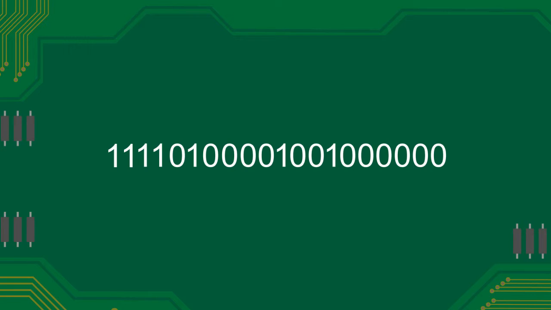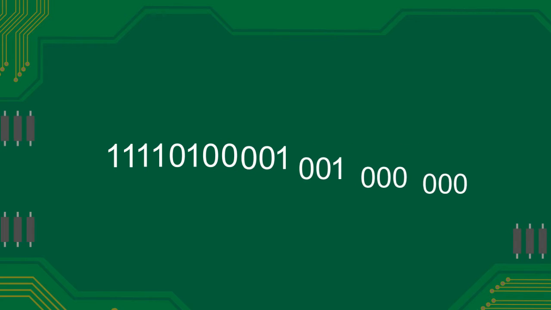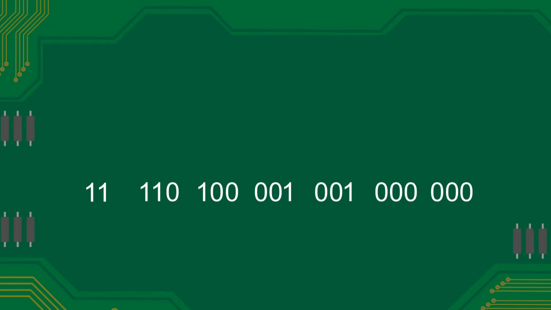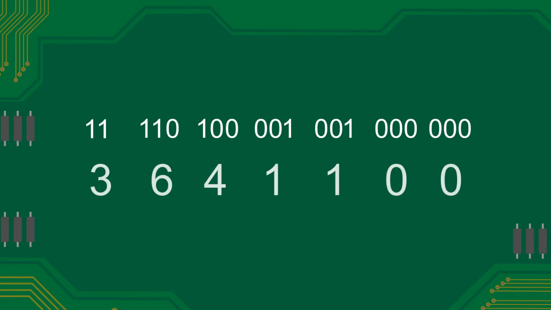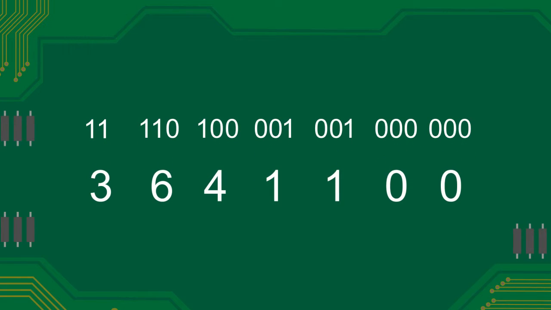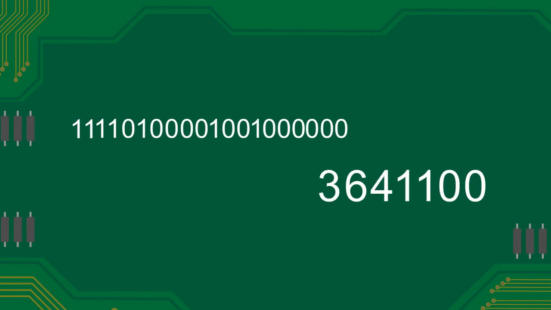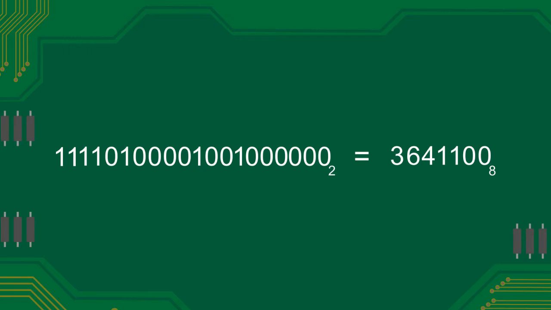To convert this binary number back to octal, we split it into 3-bit groups starting from the right. And each 3-bit group is then converted to its equivalent octal symbol. So the octal equivalent to this binary number is 3641100. A lot easier to remember than all those ones and zeros.